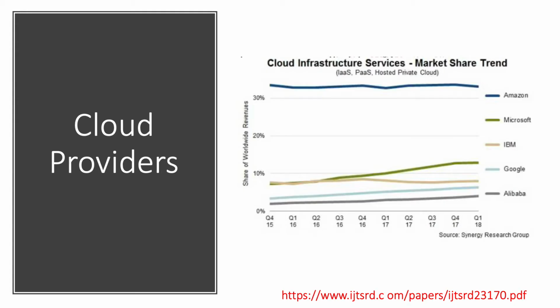Now, in this course, we're going to be looking at primarily the big cloud providers. This is a graphic, and this is only up to the first quarter of 2018, but the proportions are still similar about the different public cloud platforms. So you have Amazon, Microsoft, IBM, Google, Alibaba.